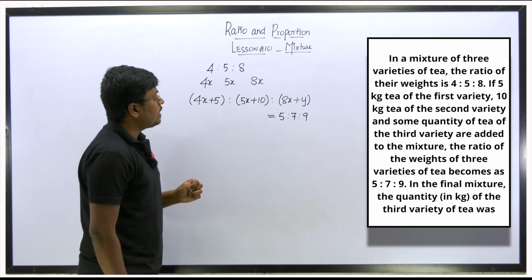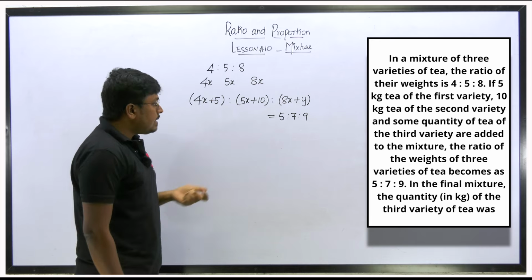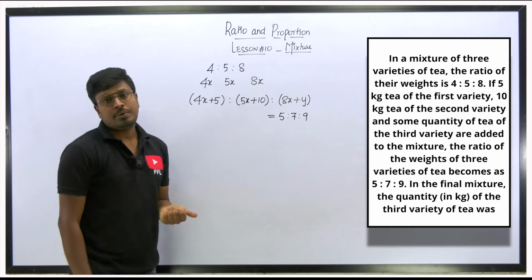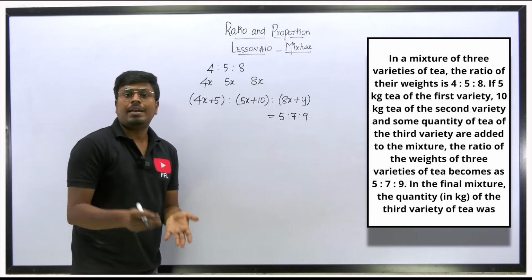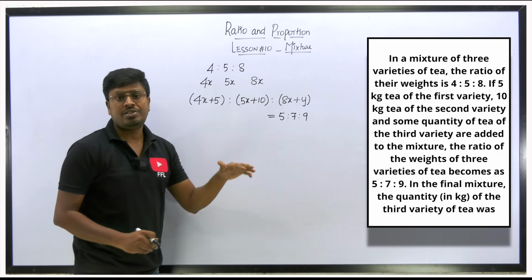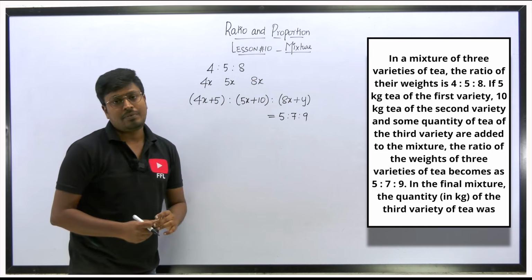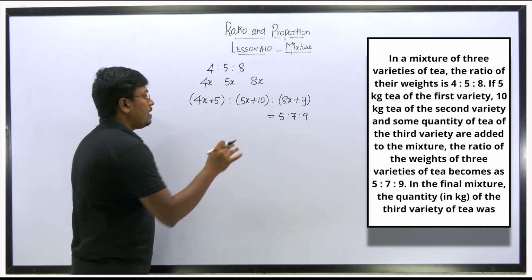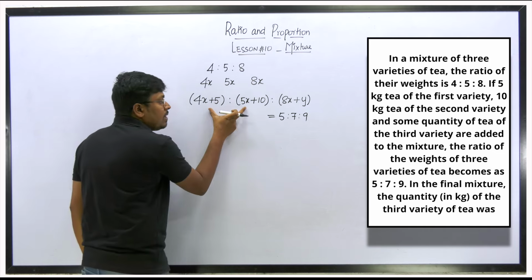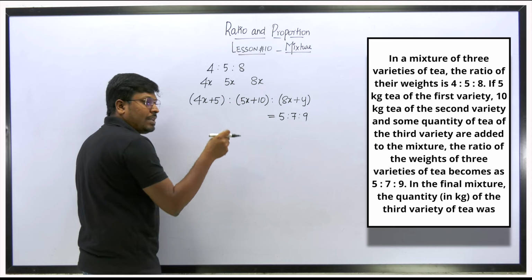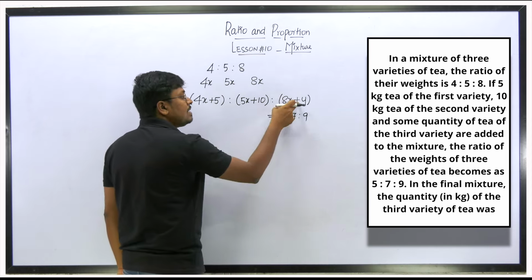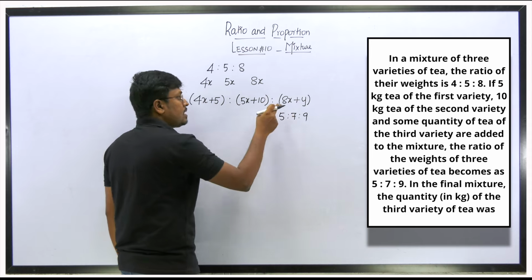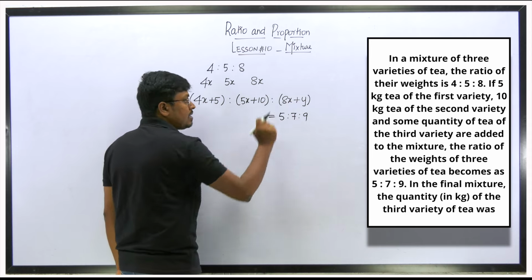In the second and third lessons I told you this concept: if there are 3 ratio values, or 4 ratio values, how to find the value of x. Take any 2. If I take these 2 values alone, initially I can find the value of x, and then we can substitute what we already found to find the value of y.